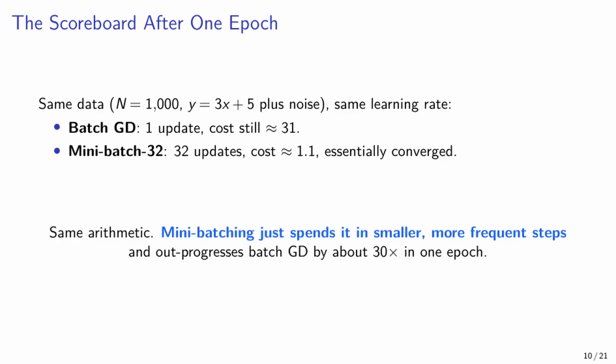Same data, same arithmetic. Mini batching just spends it in smaller, more frequent steps, and it outprogressed batch gradient descent by about 30 times in a single epoch.